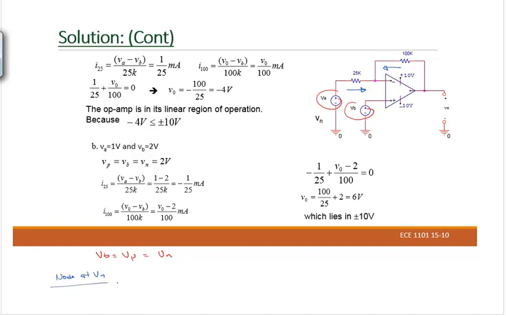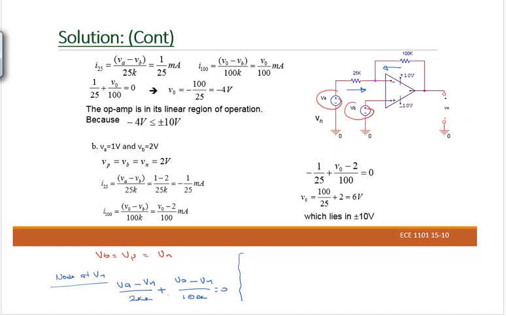VA minus VN divided by 25K, plus V0 minus VN divided by 100K equals 0. So VN is equal to VB.